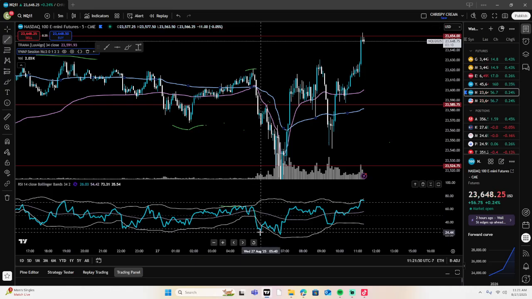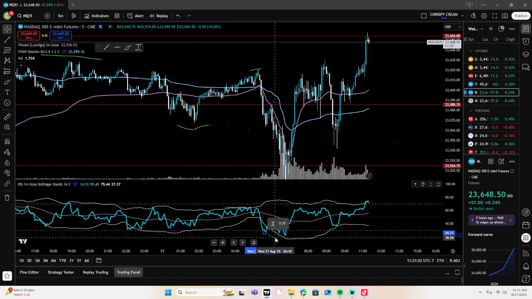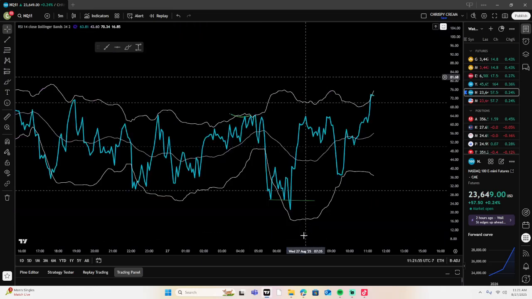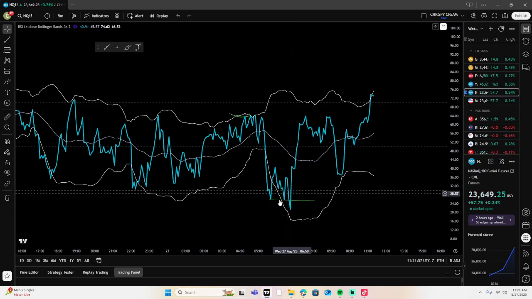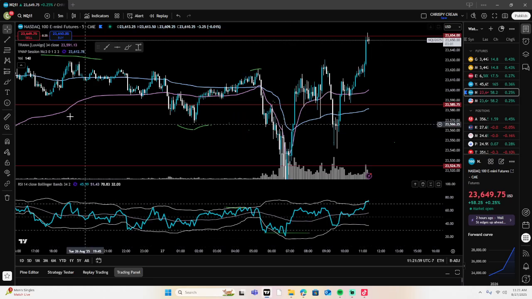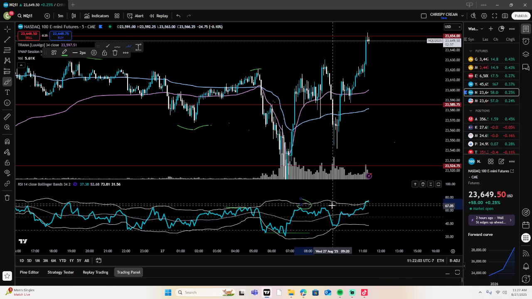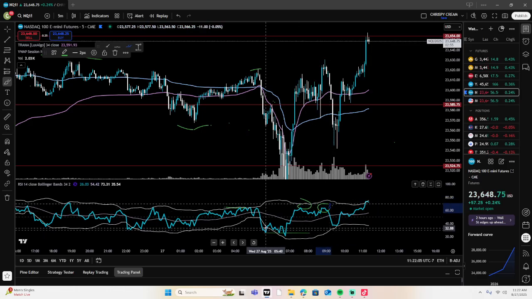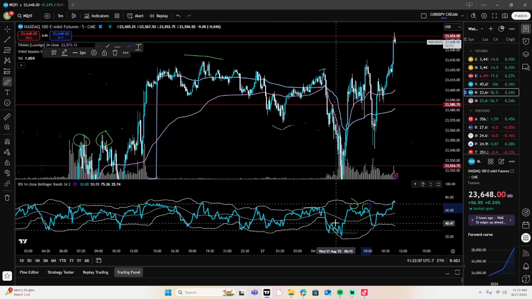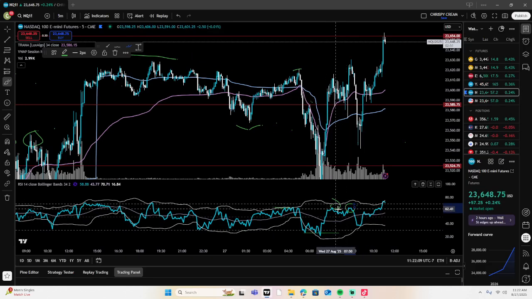For example, this was a divergence, technically speaking. This on the RSI was a divergence. This was also a divergence, and they look completely different. Here we have a little bottom trend line and level with the RSI, and up here there's no real line or anything.